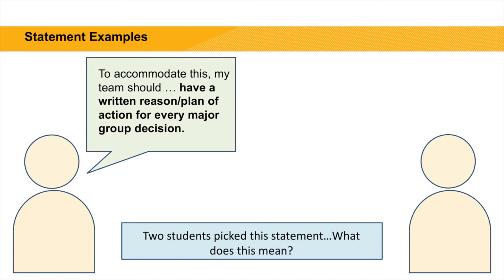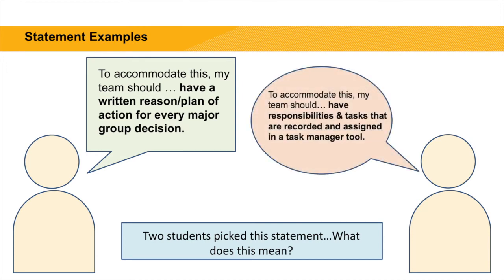But for student B, they might be thinking more along the lines of having responsibilities and tasks that are recorded and assigned in a task manager tool. Now, these statements both directly relate back to chaos and confusion, but show up in very different ways. Team member A is talking about group decisions, and team member B is talking about responsibilities and tasks.